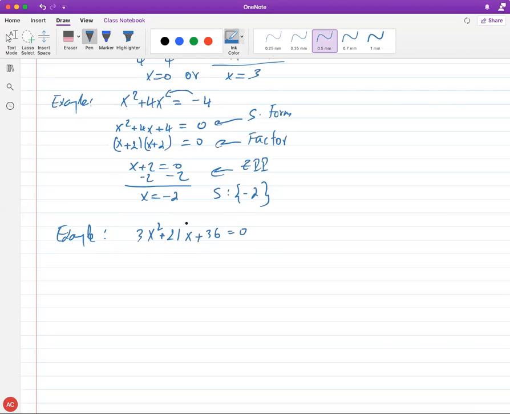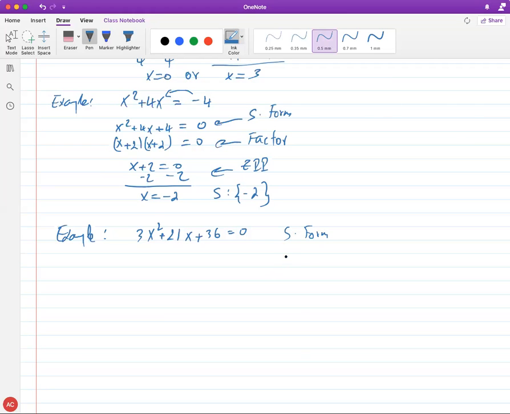Okay, so we have another quadratic equation. We want to solve this and find the solutions. Again, make sure it's in standard form, which it is here. Standard form again means 0 on the left side, and everything else on the other side. Unless you have something here, then you can move it just like we did here. So it is in standard form.